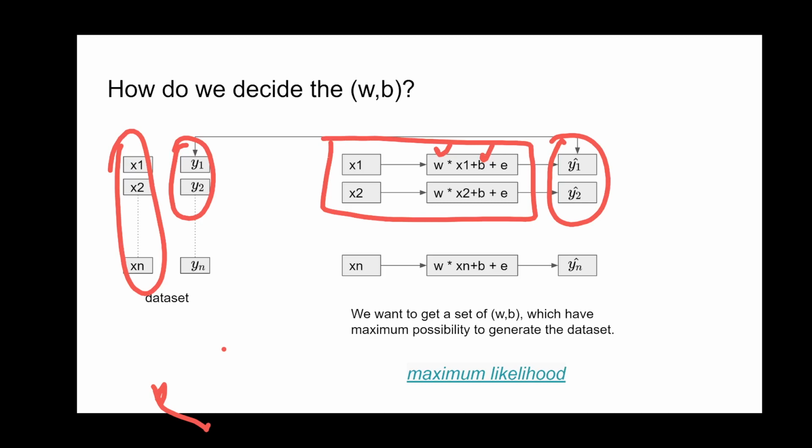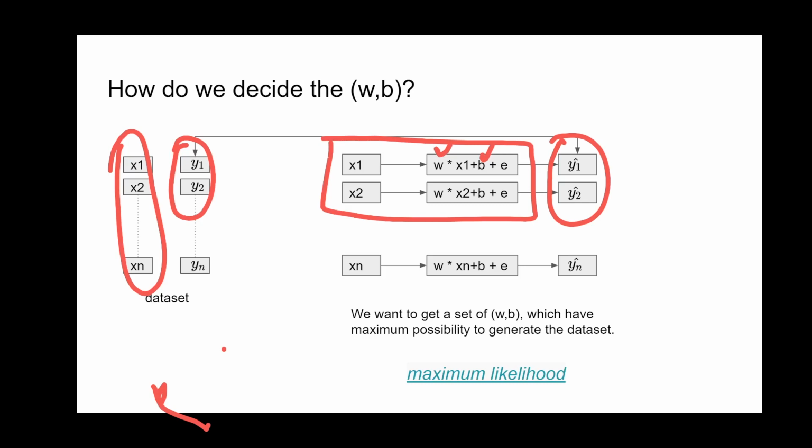So instead of writing a set of W and B which can generate a precise value of the y here, we try to get a set of W and B which can minimize the error of the prediction.